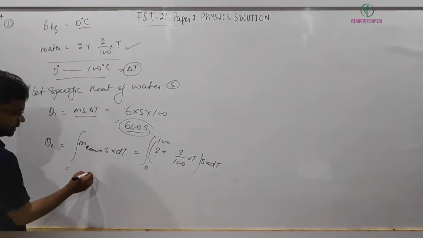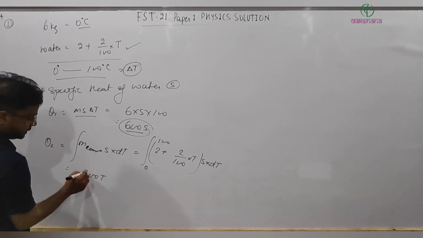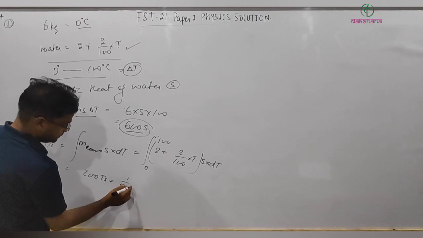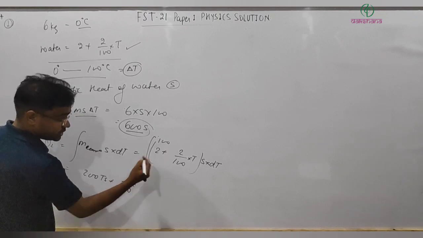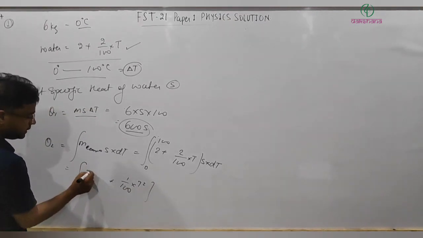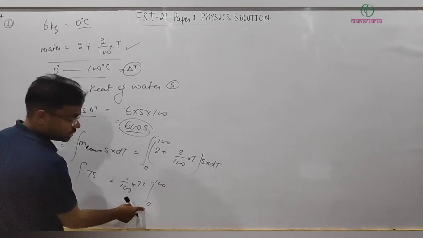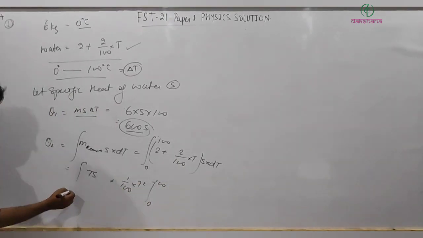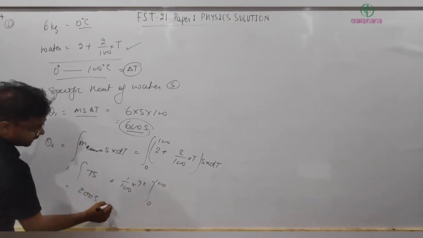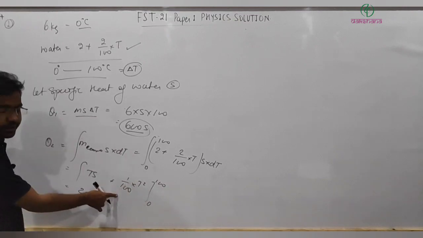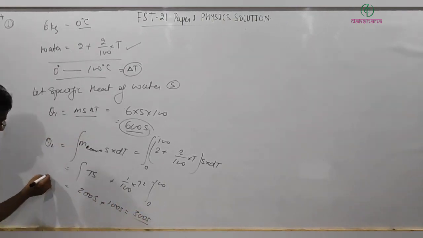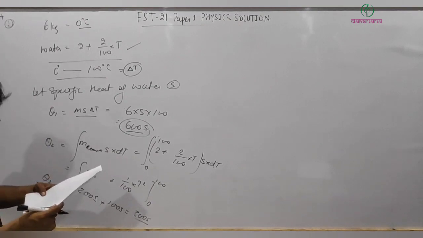Solving it, we get 200 T S plus T square by 100, and substituting the limits, everything will be 0 at 0. At 100 we get 200 S, and this is 100 into 100, 100 will get cancelled, so it's 100 S, that comes out to be 300 S. So this is Q2.